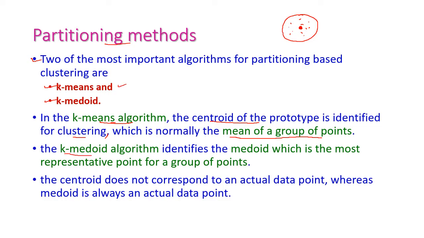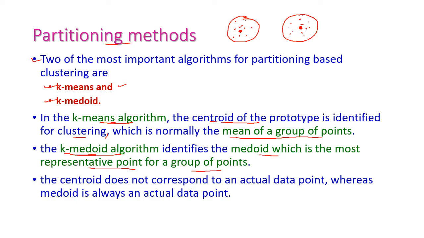The next one is the k-medoids algorithm. It identifies the medoid, which is the most representative point of the group of points. That means in this group of data points, we need to find out which data point is the most appropriate center point.